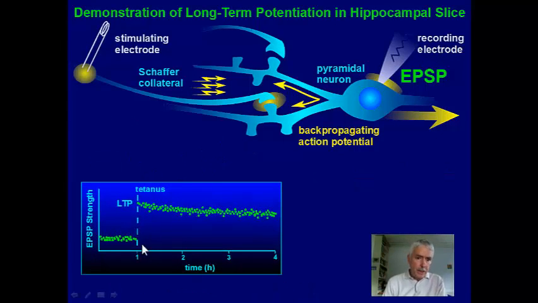Now here is what you saw in the last video, our demonstration of LTP, with a stronger strength of the excitatory postsynaptic potentials following the tetanus. This same experiment can be done, only a so-called puffer is put into the equipment so that you can squirt on some APV during the experiment.